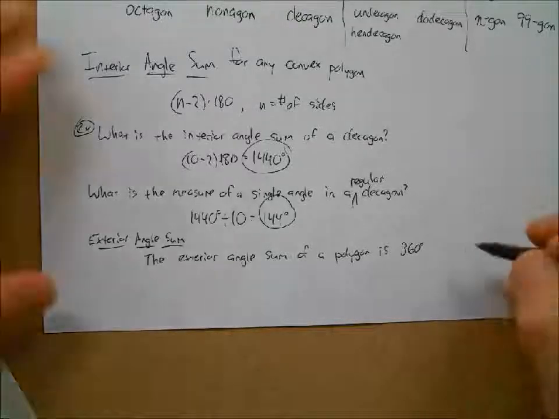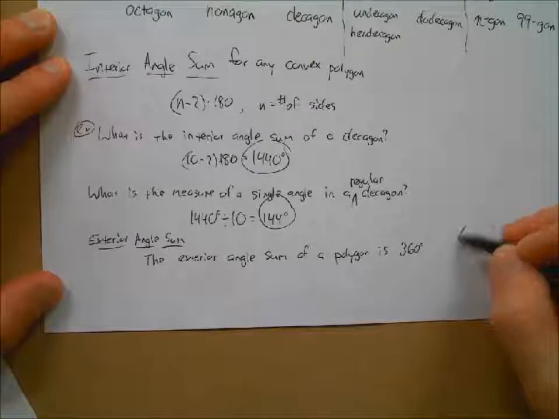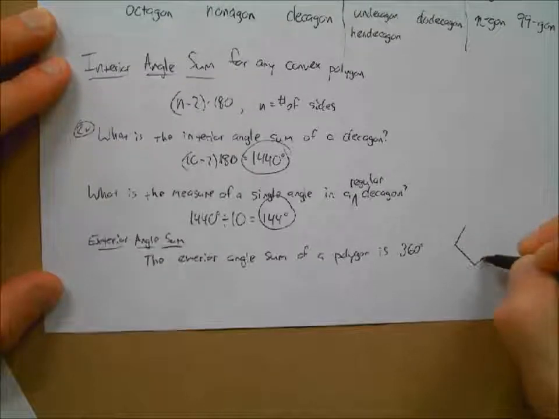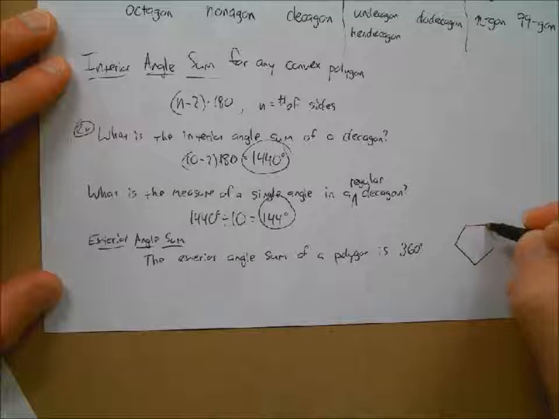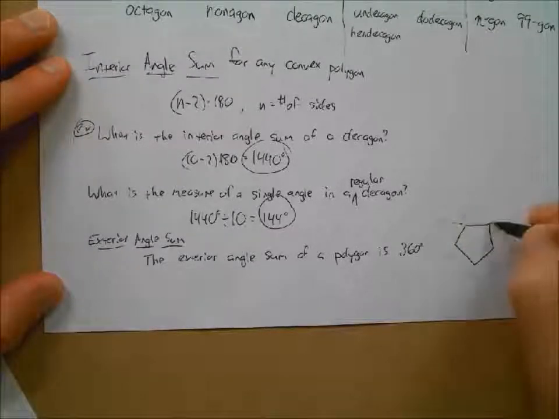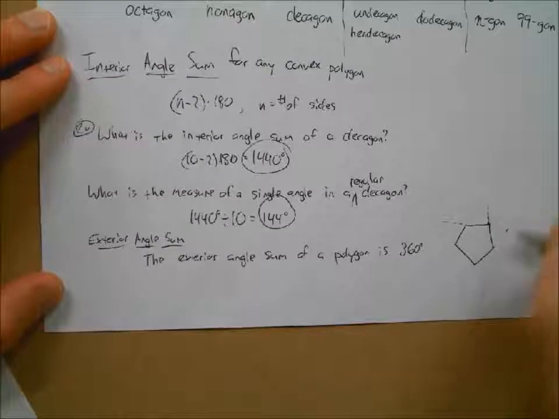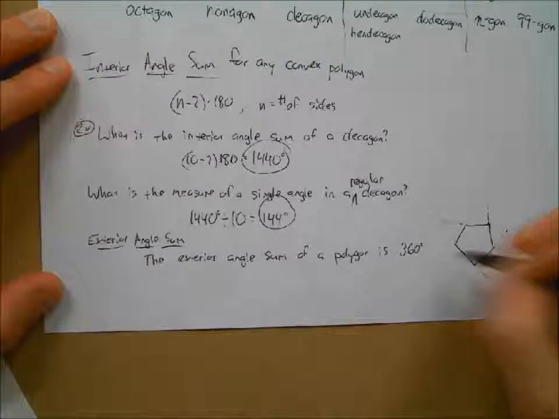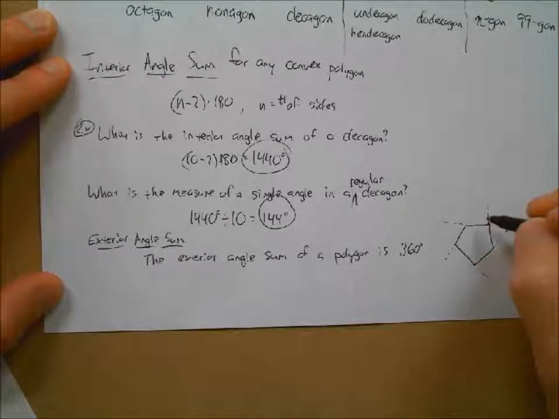Okay? Remember that for a polygon, let me just draw a little pentagon here, I guess. Okay, like that. The exterior angles are always formed by extending a side and then the adjacent side right here. So that is an exterior angle.